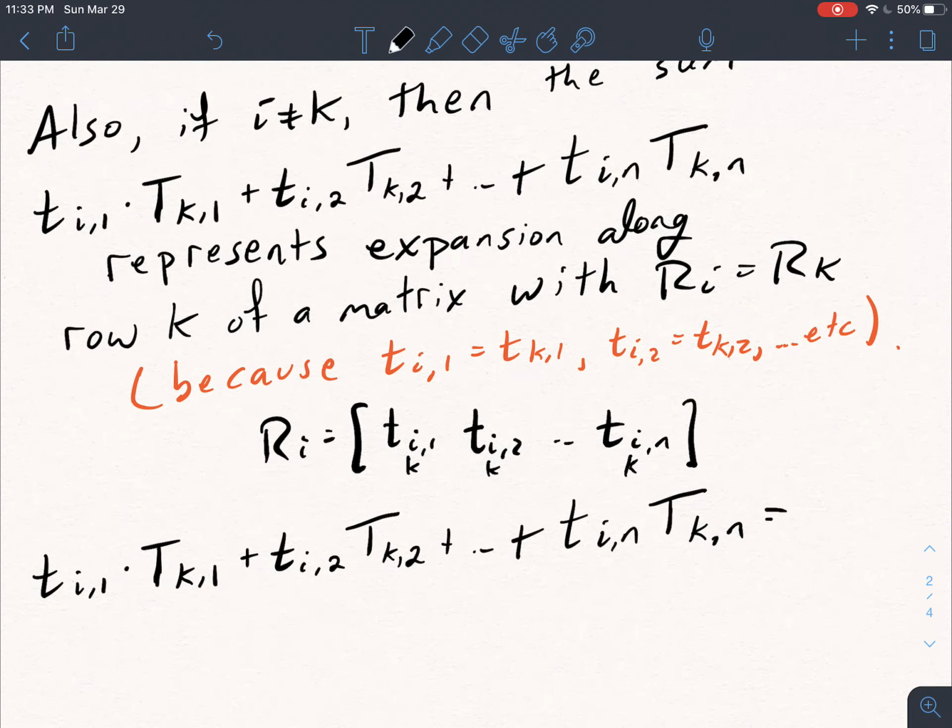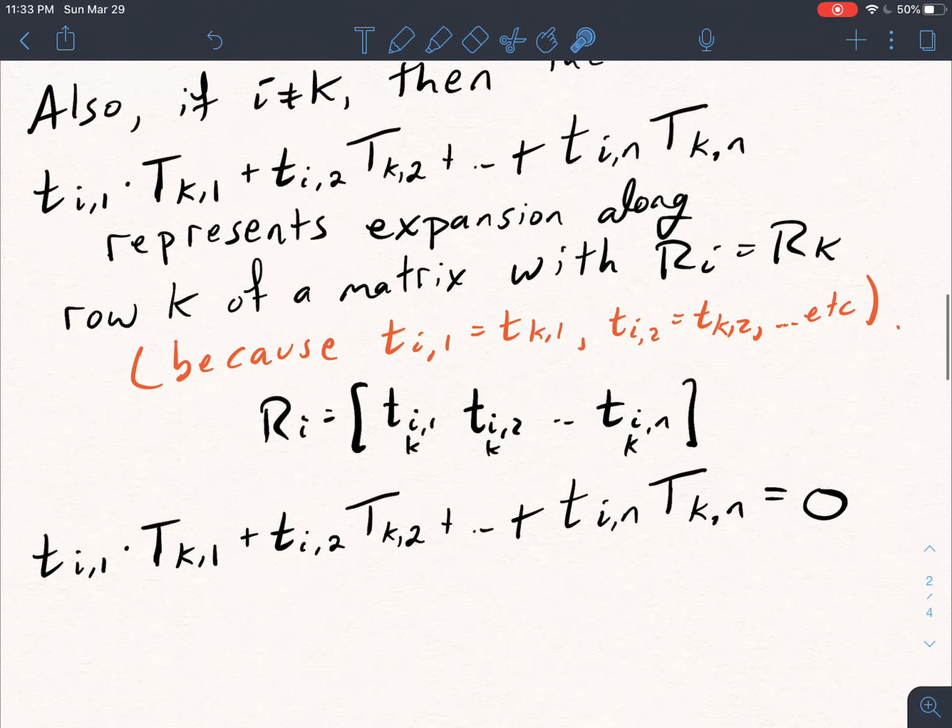This is important because it tells us that this whole thing is equal to 0, because it is the determinant of a singular matrix, since it has two rows equal to each other.